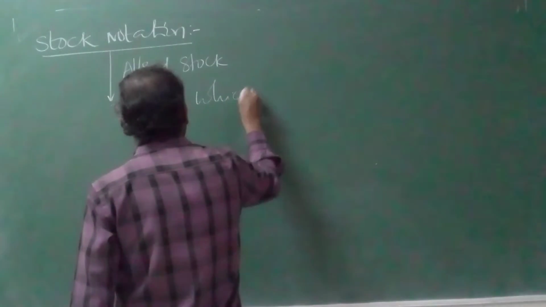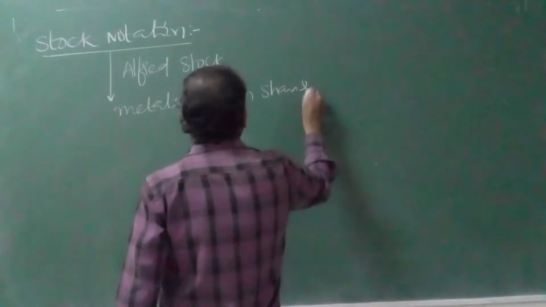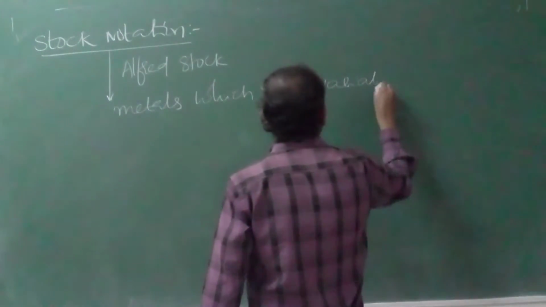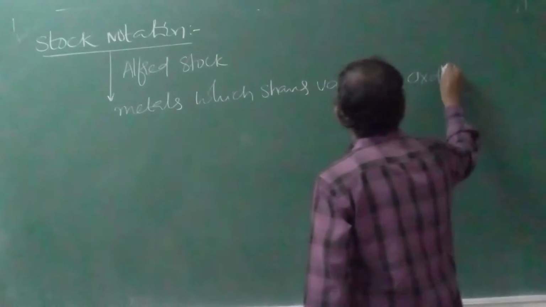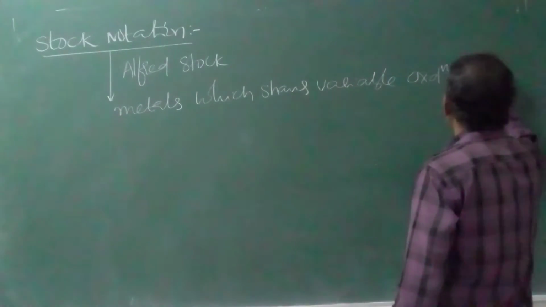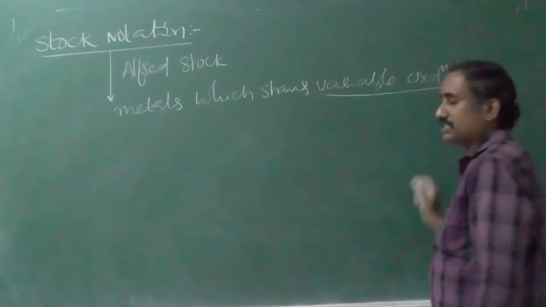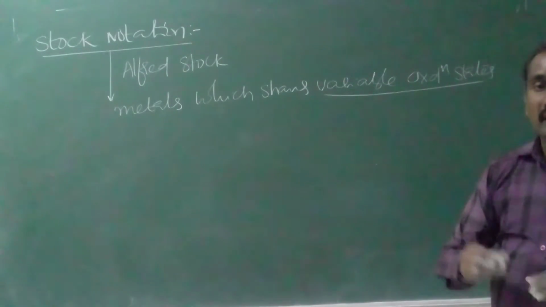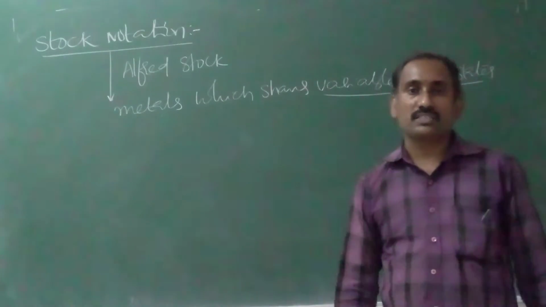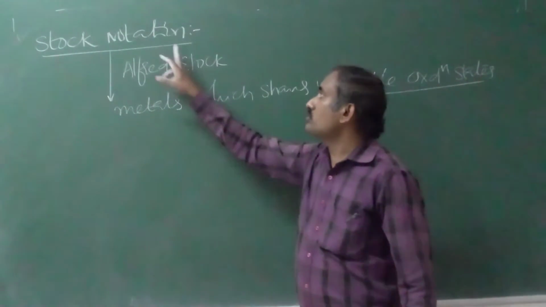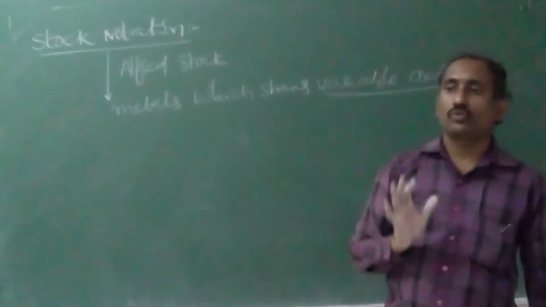He introduced a notation for the metals which show variable oxidation states. Generally, transition metals exhibit variable oxidation states. Variable means more than one. In order to distinguish variable oxidation states, the scientist introduced a notation, the so-called Stock notation.